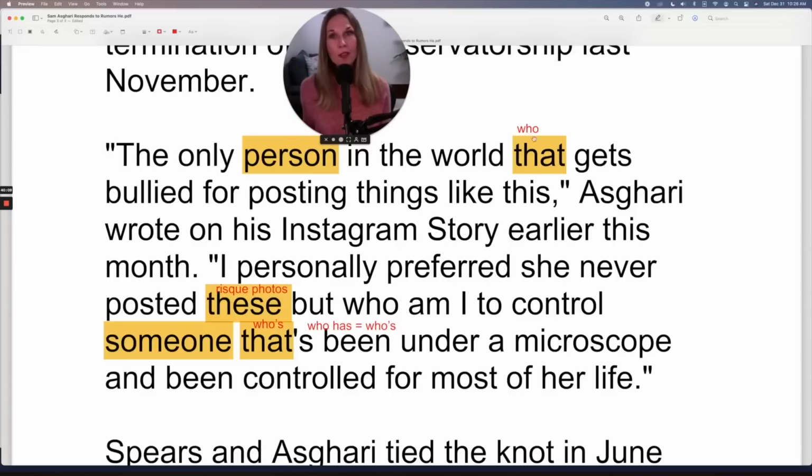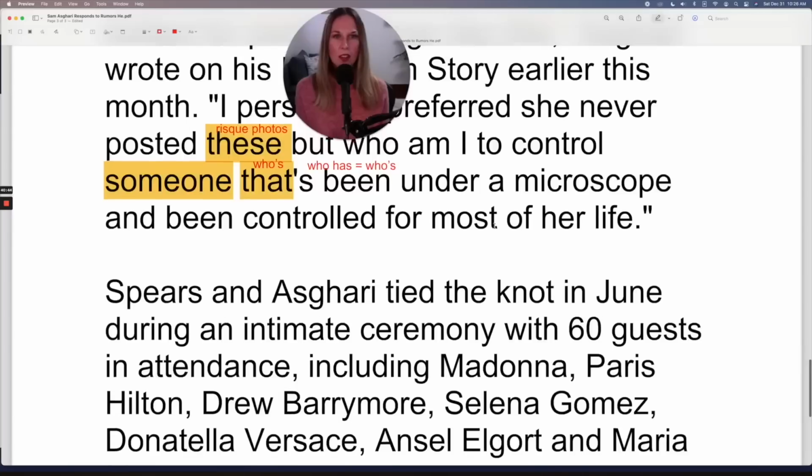It's just something we do in more casual speech. You'll see it all over the place on social media. And if you're wondering, why are they doing this? It's grammatically incorrect. Yeah, it is grammatically incorrect, and yet we do it anyway. So just for you to be safe, just remember who with people, that with objects.